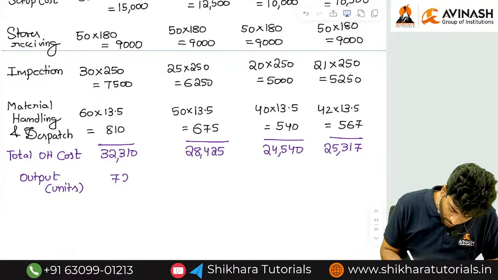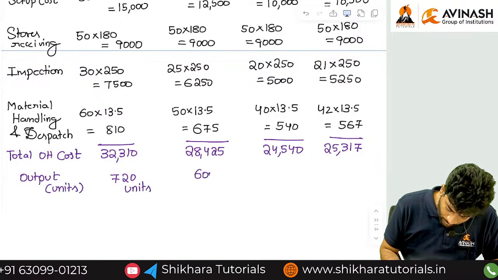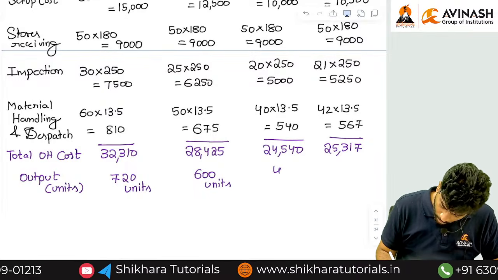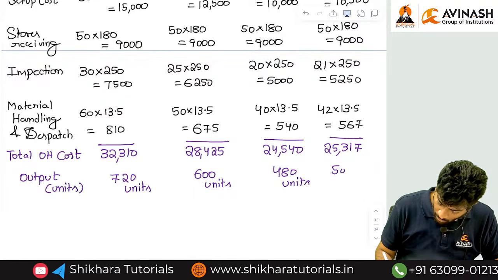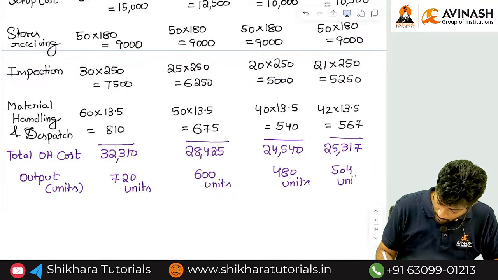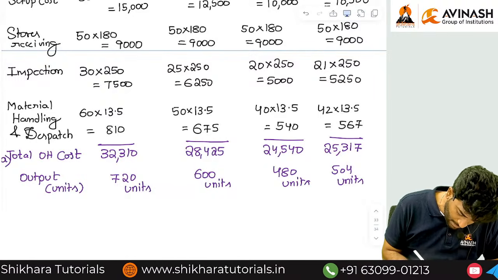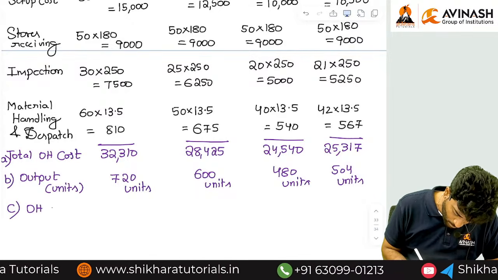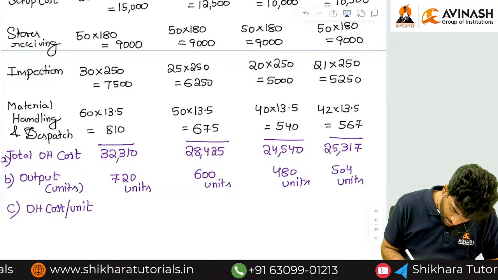So, 720 units, 100 units, 48 units, 504. Cost per unit. Divide and tell me.